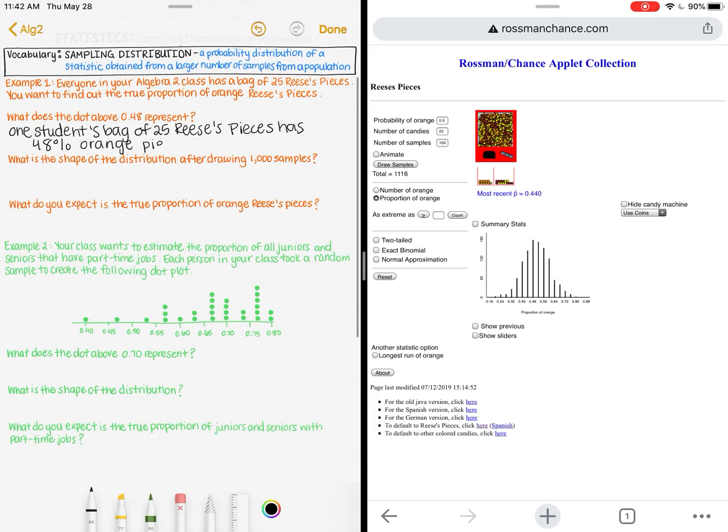So that one dot above 0.48 is representing one student's bag of Reese's Pieces, and it's telling us that there's 48%, or a proportion of 0.48, orange pieces in that specific bag.